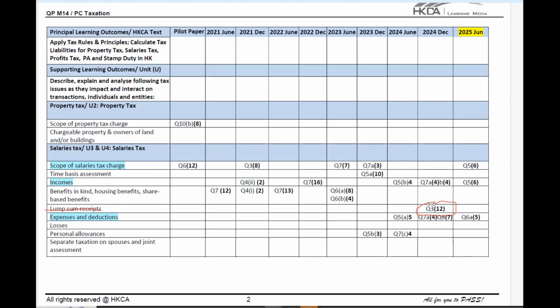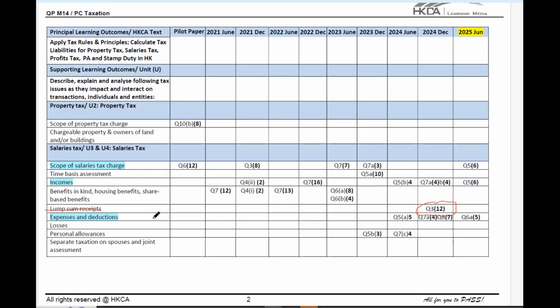They set a simple scenario like a Hong Kong employment. Now terminate the staff. So you may mention the scope of sales tax charge a little bit, saying that this is Hong Kong source employment income subject to sales tax, then move on to lump sum receipts. Similarly, expense and deduction may not be the sales tax charge issue.